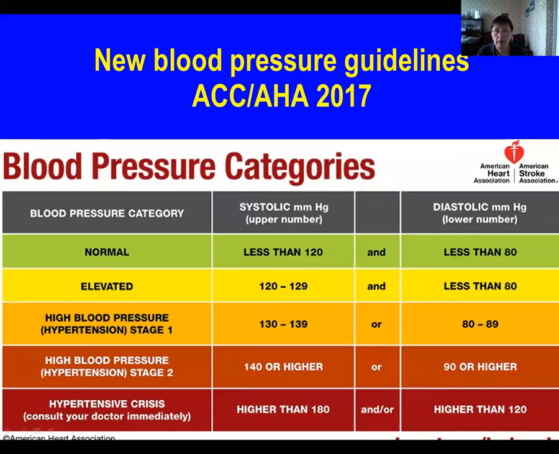If we compare the guidelines of the American College of Cardiology and American Heart Association, we see that in the United States now high blood pressure is more than 130 for systolic and 80 for diastolic. So they have a more strict recommendation now. They introduced it in 2017, and they have only 2 stages of hypertension.